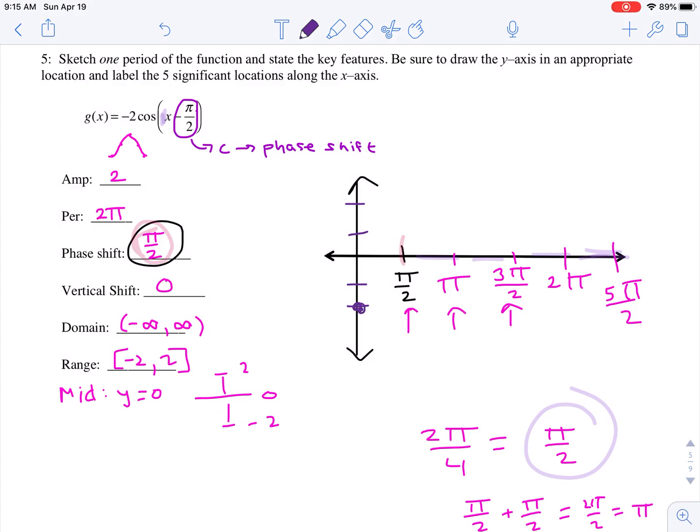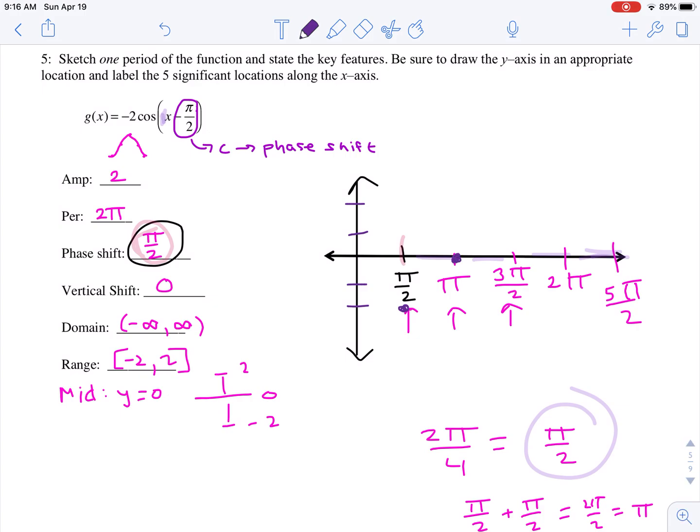So I'm going to start at the minimum. Oh, but wait, look what I did. Out of habit, I started on the y-axis. But we know that's not true. The start of this period has been shifted over pi over 2. So when I start, I'm going to put that in quotes, at the minimum, my start is no longer on the y-axis. It's right here at pi over 2 because we shifted it over, right? So here's pi over 2. That's my minimum.